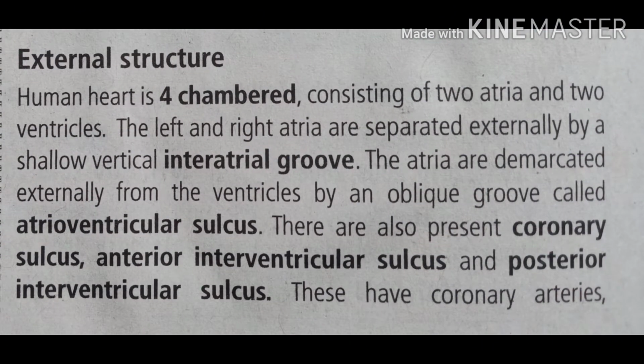Now look at the external structure of human heart. Human heart is four-chambered, consisting of two atria and two ventricles. The left and right atria are separated externally by a shallow vertical interatrial groove.